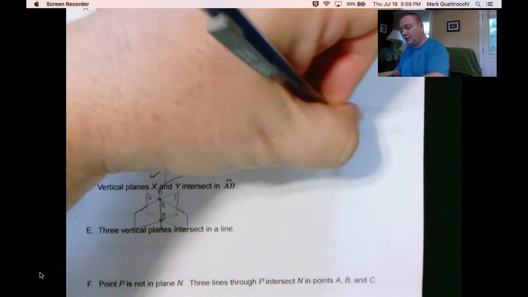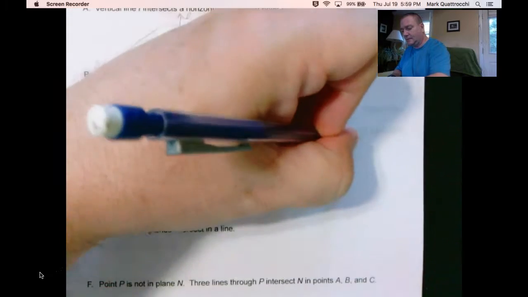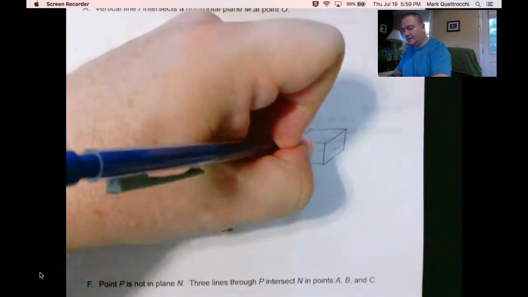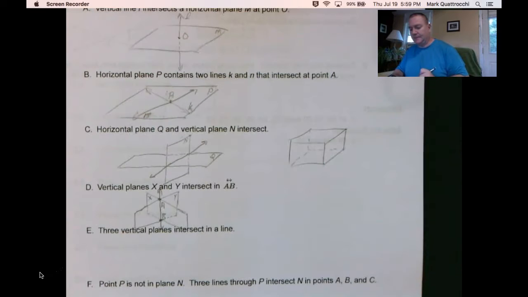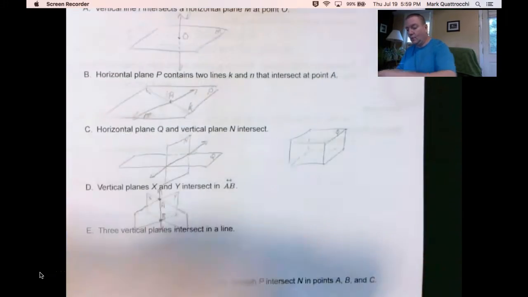So if I draw a cube, for part C here with the dotteds, horizontal plane Q could be the top or the bottom.